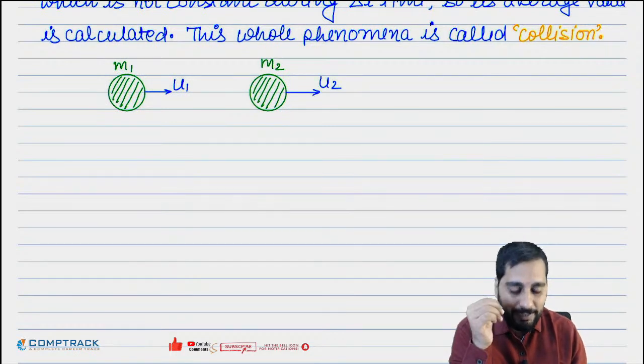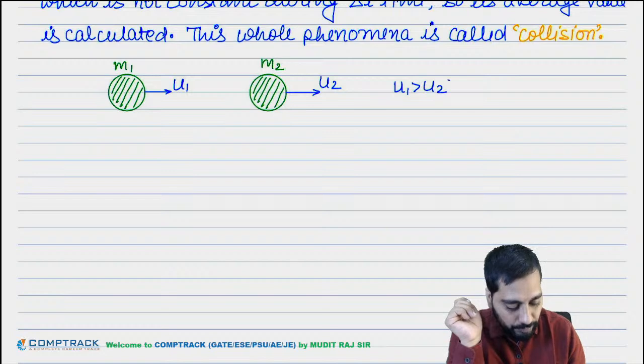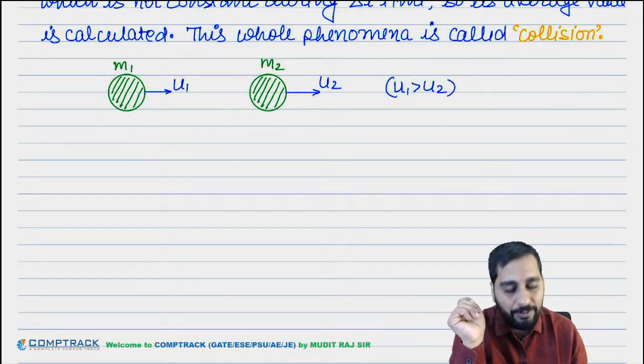So both are in the same direction. Here the condition for a strike will be u1 greater than u2; only then will a strike happen.